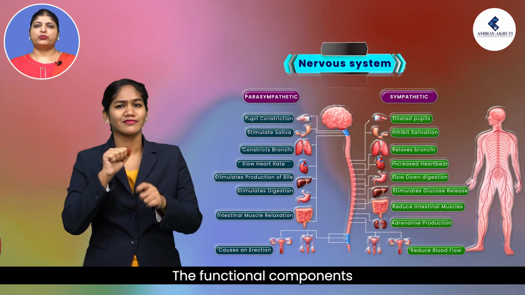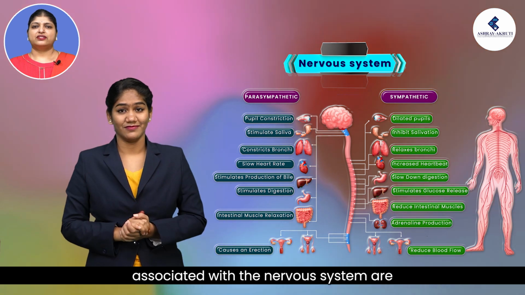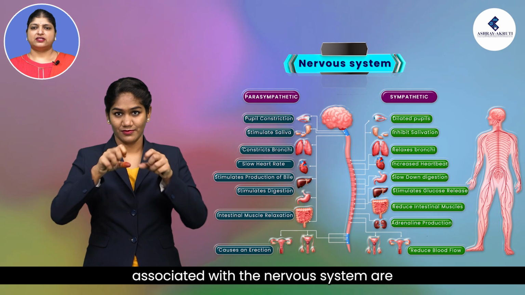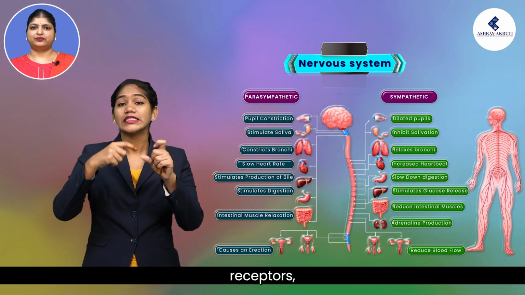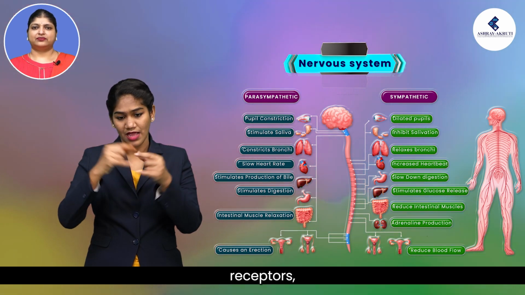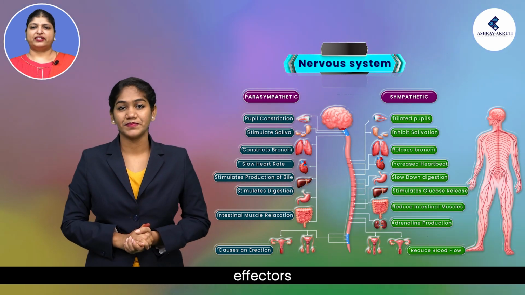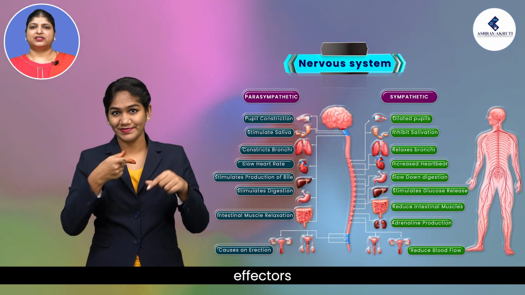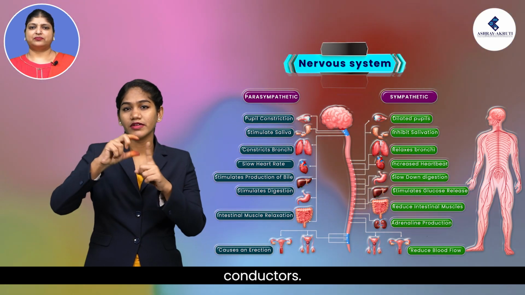The functional components associated with the nervous system are receptors, effectors, conductors.